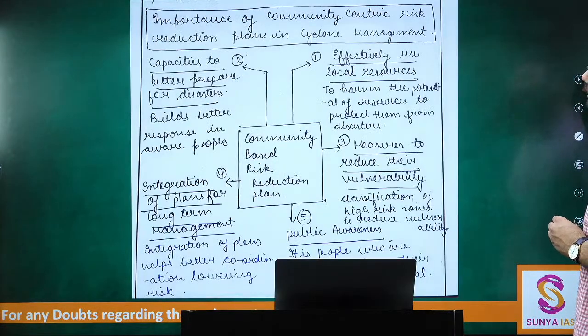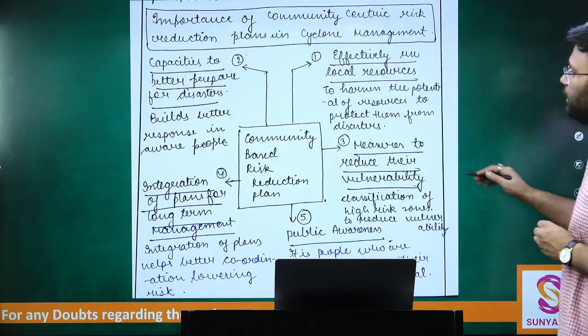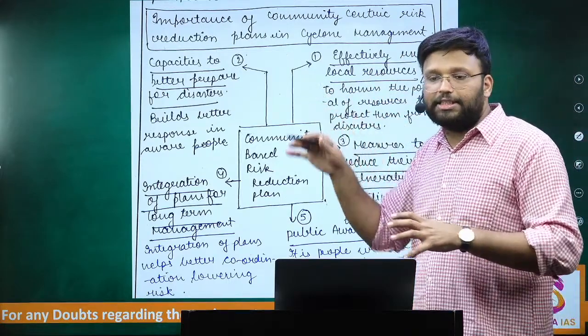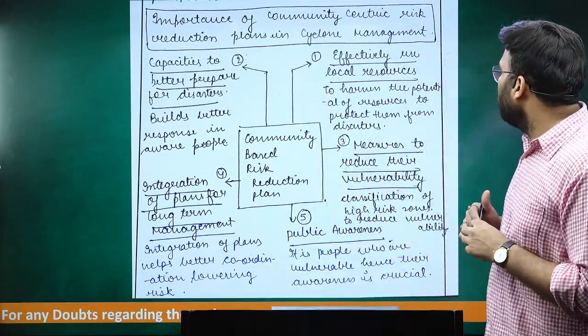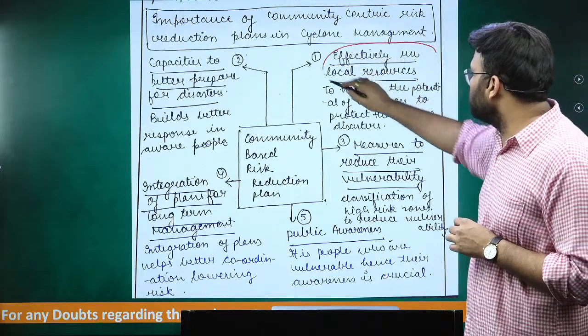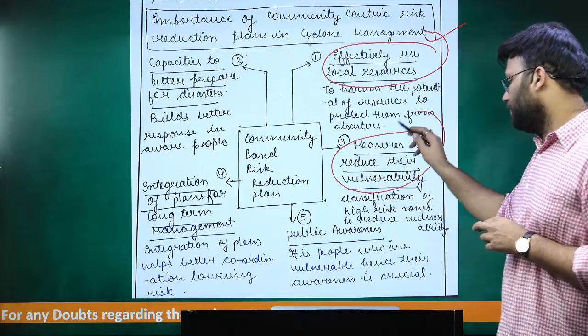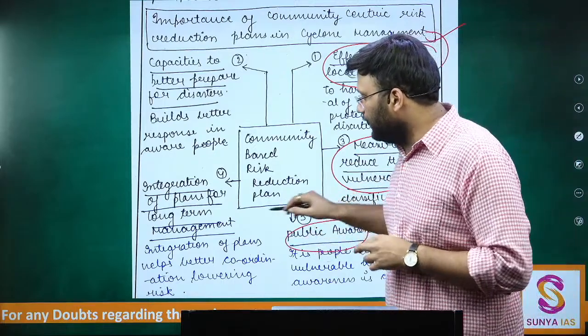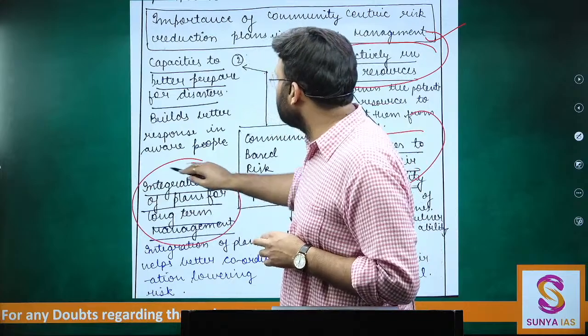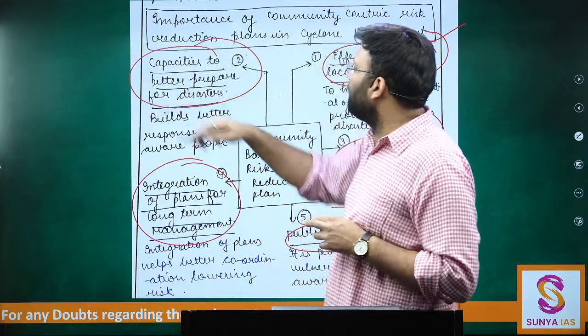What is the other way to introduce this question? So let's see their presentation once. Effectively use local resources, we had seen this. Measures to reduce their vulnerability. Public awareness. Integration of plan for long-term management. Capacities to better prepare for disaster.